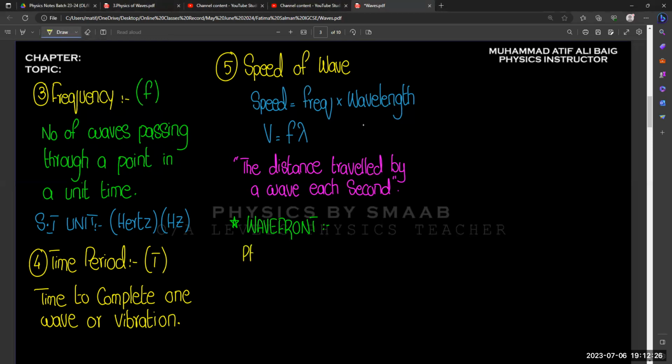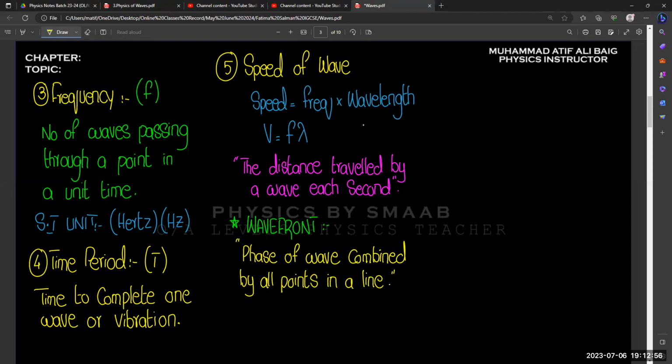Yes, in simple words, we can say that it is a phase of a wave combined by all points in a line.